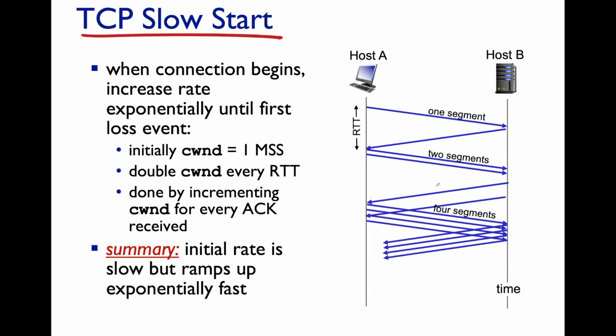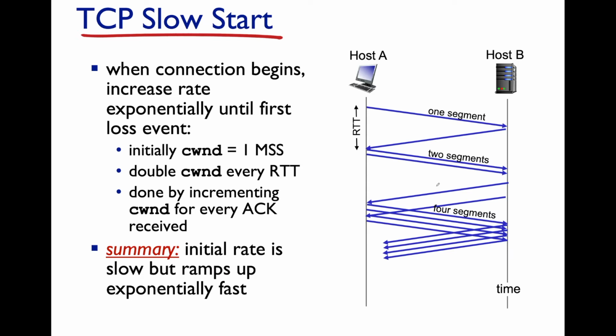And you're going to double this congestion window every round trip time. It's done by incrementing the size of the congestion window for every single ACK you receive. And so this incrementing for each ACK means that for each message on subsequent rounds, once you get an ACK, you're going to now double the amount that was sent. And so it has this effect of an exponential increase.